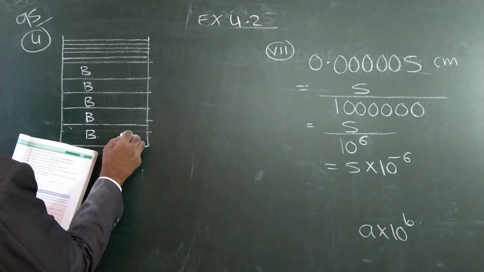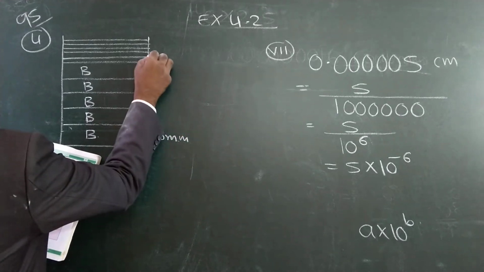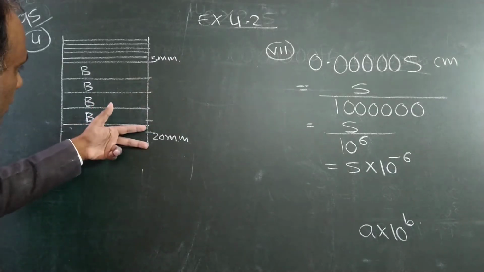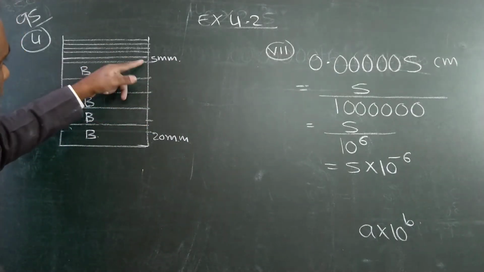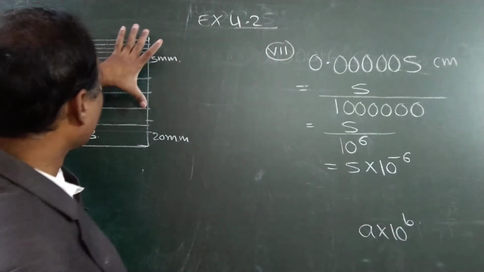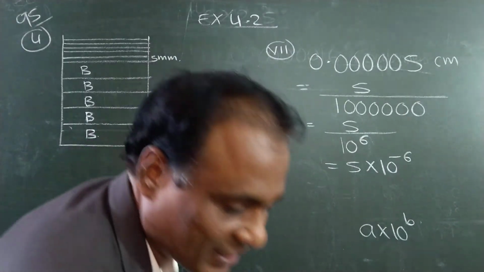Each book is 20 mm, and each paper sheet is 5 mm. What is the total thickness of the pack?